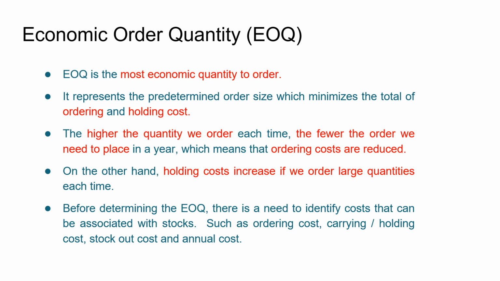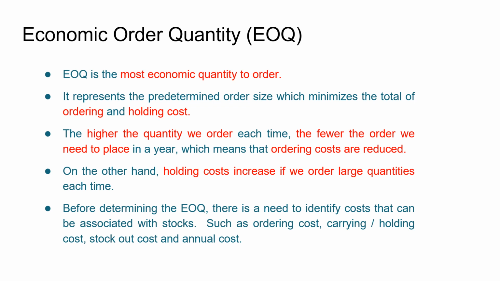Another name for holding cost is storage cost or carrying cost. When there is a higher quantity for our order, we will have a low number of orders, because every time we order, we order a large quantity. At the same time, we can reduce the ordering cost, since the number of orders is small.